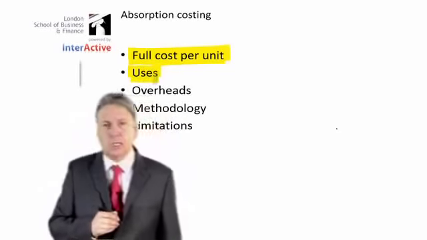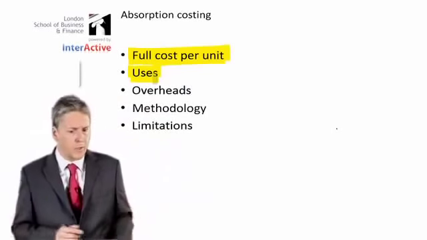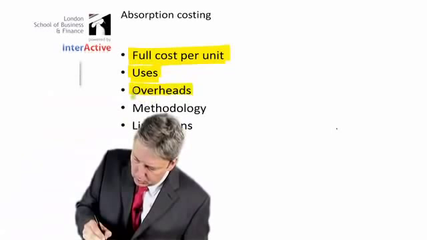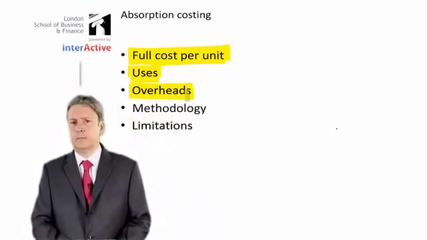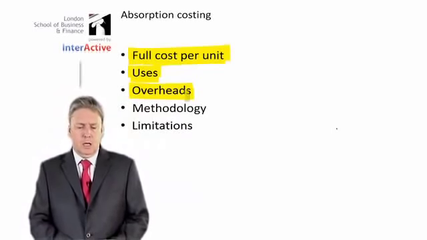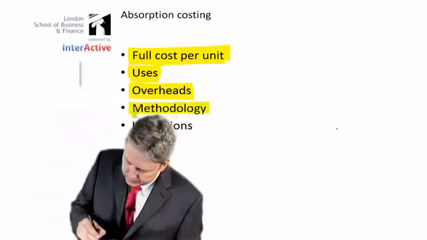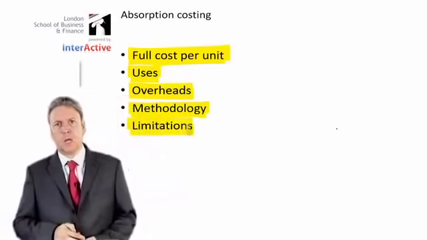What are the basic uses of absorption costing? Once we've dealt with that, we will focus on the key issue with absorption costing, which relates to overheads, whatever they may be. Then we, of course, have the methodology of how it works. And then finally, what are the limitations?